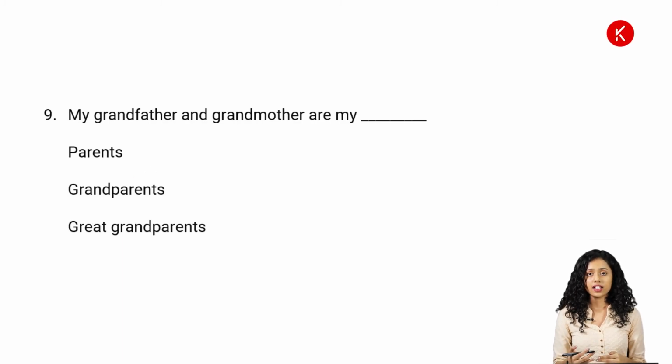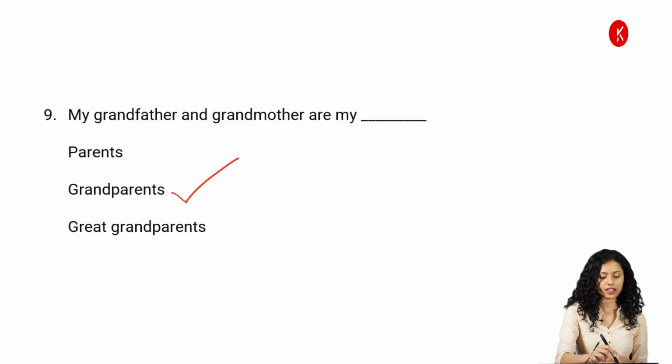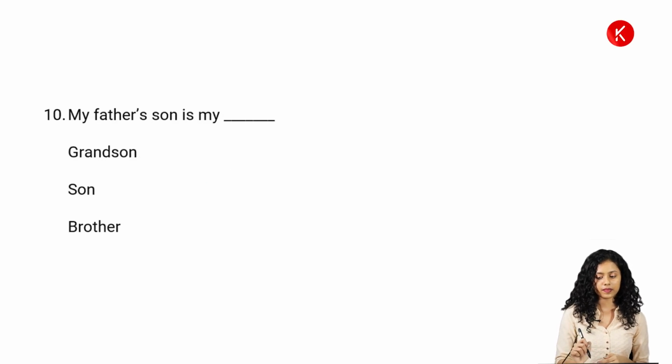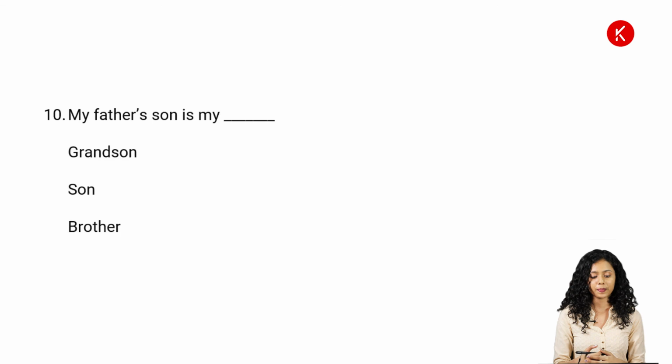My grandfather and my grandmother are my blank. What do you call it when you put your grandfather and grandmother in one term? Are they your parents? No. Are they your great-grandparents? Definitely not. They are your grandparents. We've come to the last question.